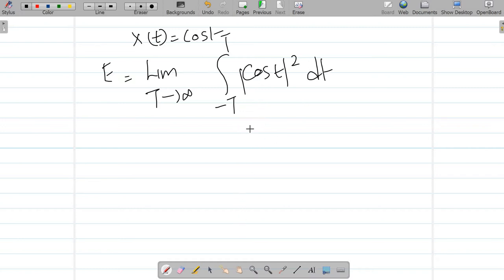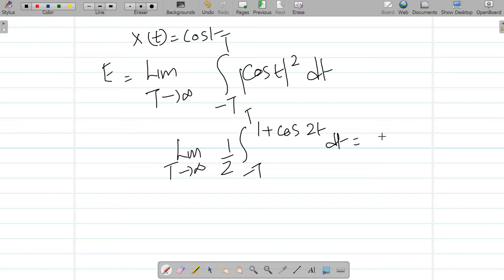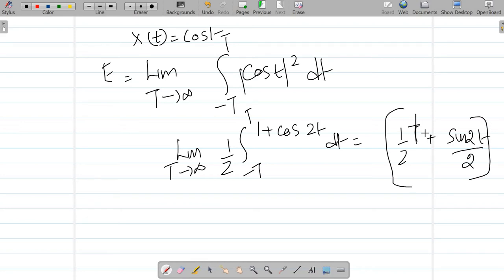Now this I can write as 1 plus cos 2t, times 1 by 2, dt, limit t tending to infinity. So if I integrate this, it becomes t plus sine 2t divided by 2, and you have the limits minus t to t, with the limit t tending to infinity.